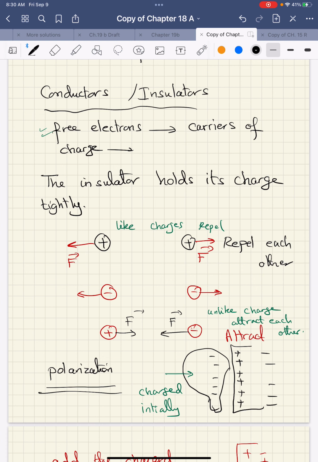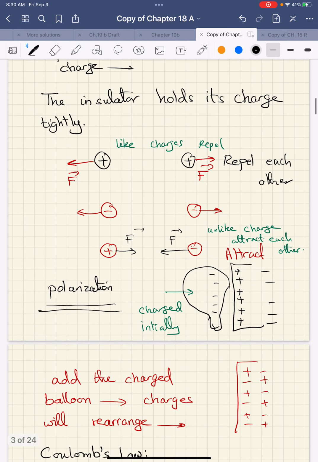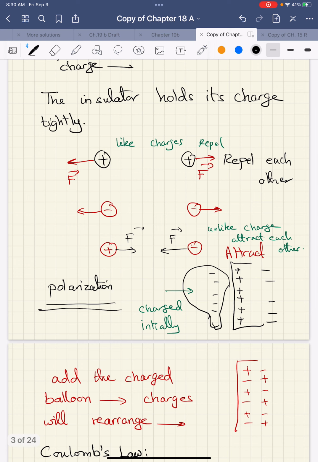Before I start talking about the actual physics, I want to say something about polarization. You have a balloon here that is initially charged. You may rub it with your clothes, you may rub it with your hair. Initially, if this is the wall, it has the negative and positive charges sitting together in this way.